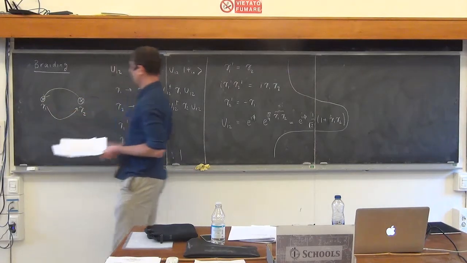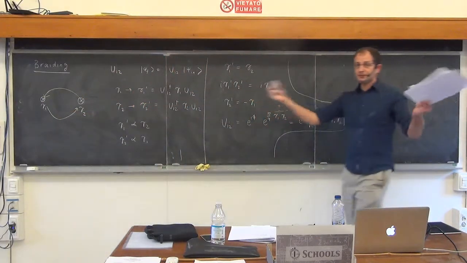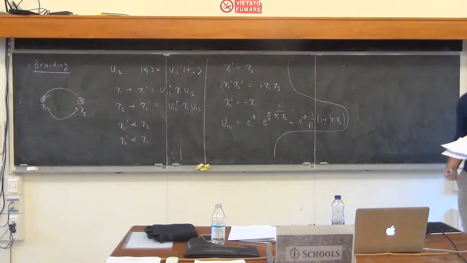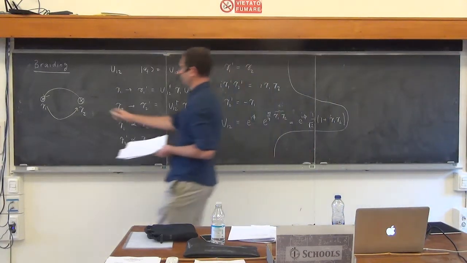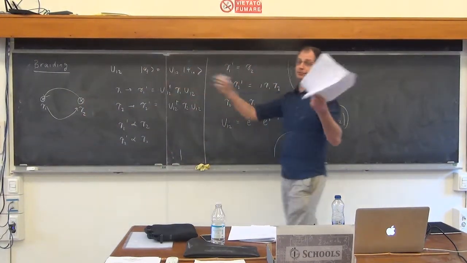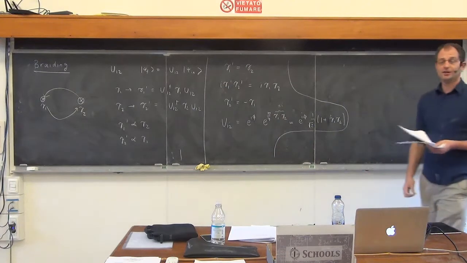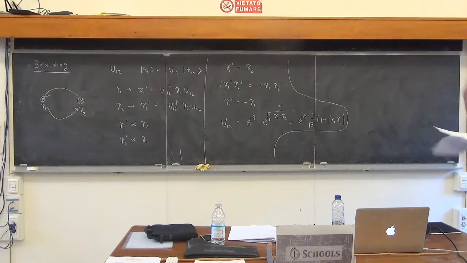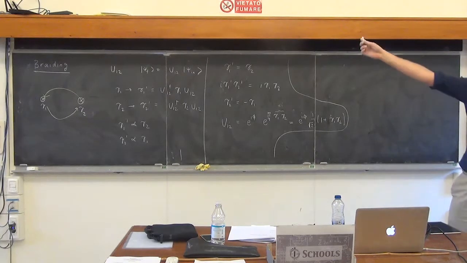I mean, these are vortices. They have long-range interactions. They actually are not point-like particles. In a superfluid, at least, the vortices have an interaction between them that falls off only as a log. So this phase really depends on how I do the path, and it can depend on the path even if these vortices are very far away.